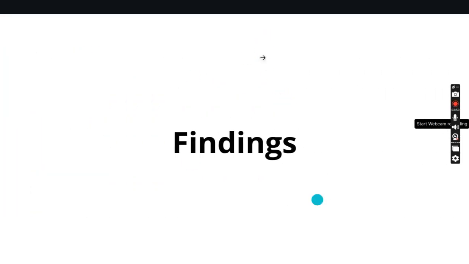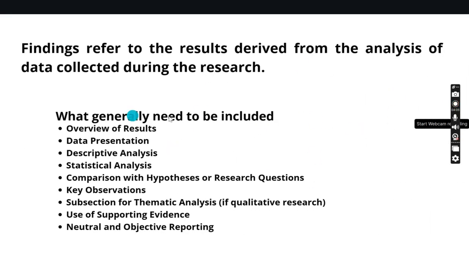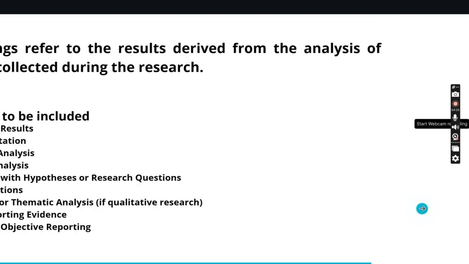Okay. The next thing is findings. I'm sure you guys already know what this means. Findings refer to the results. Generally, there is overview, data presentation, descriptive analysis, statistical analysis, comparison, key observation, subsection for thematic analysis if qualitative, use of supporting evidence, neutral and objective.